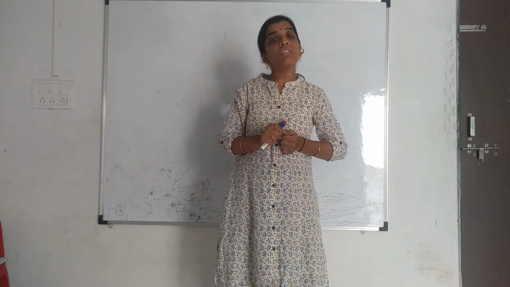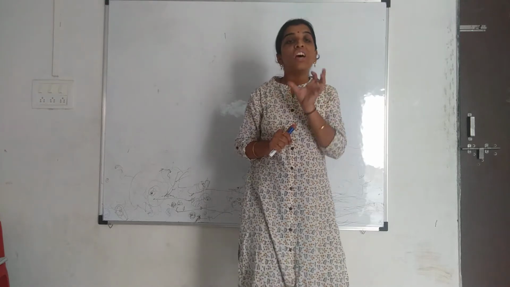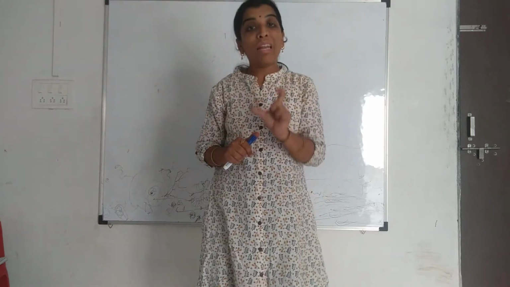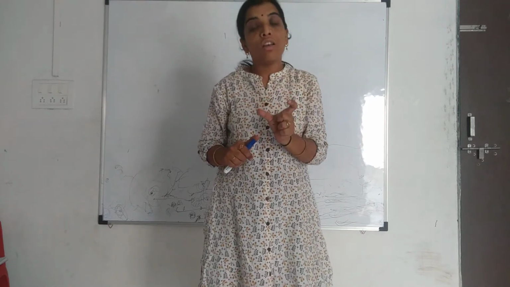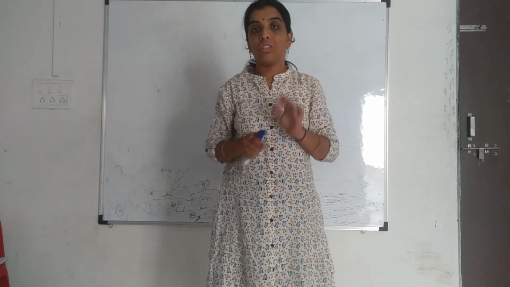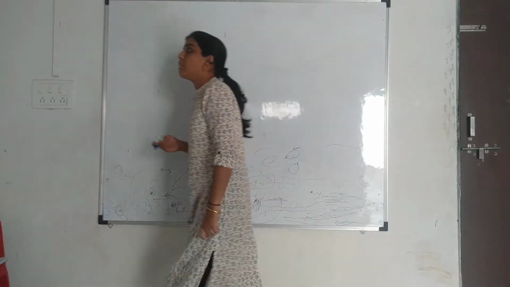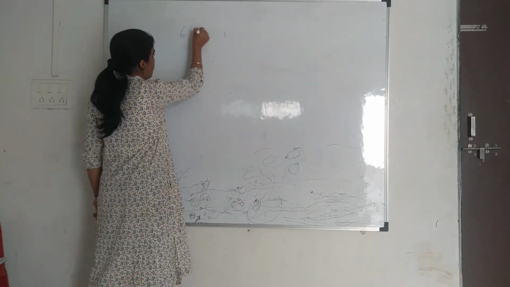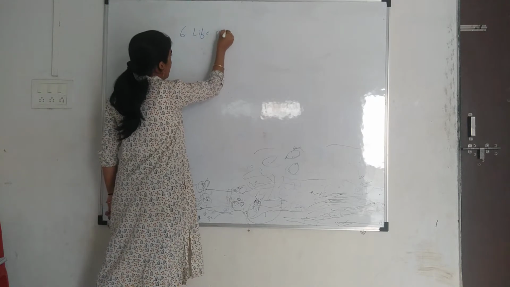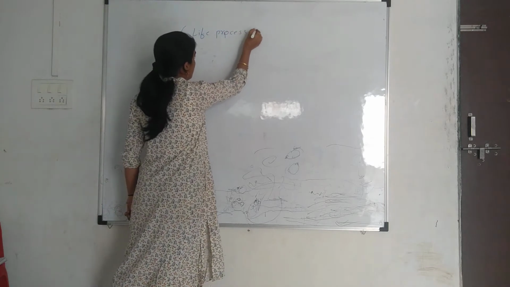Which certain processes? The processes which are required to maintain the body of the thing, that are called the life processes. So we'll actually start with our chapter number 6, which is life processes.